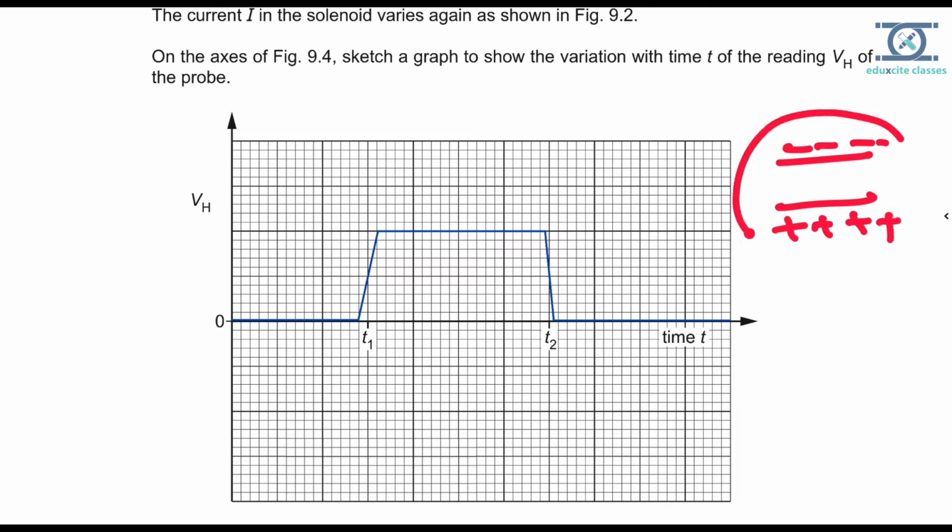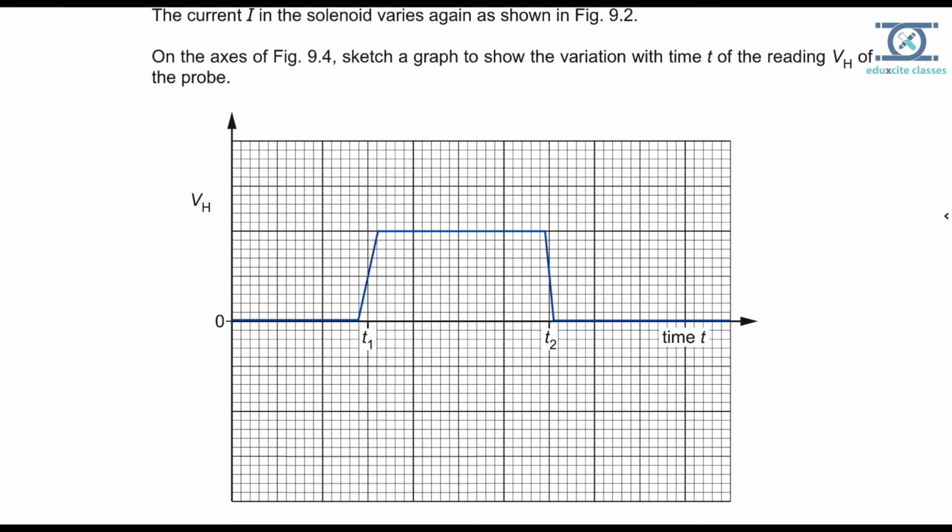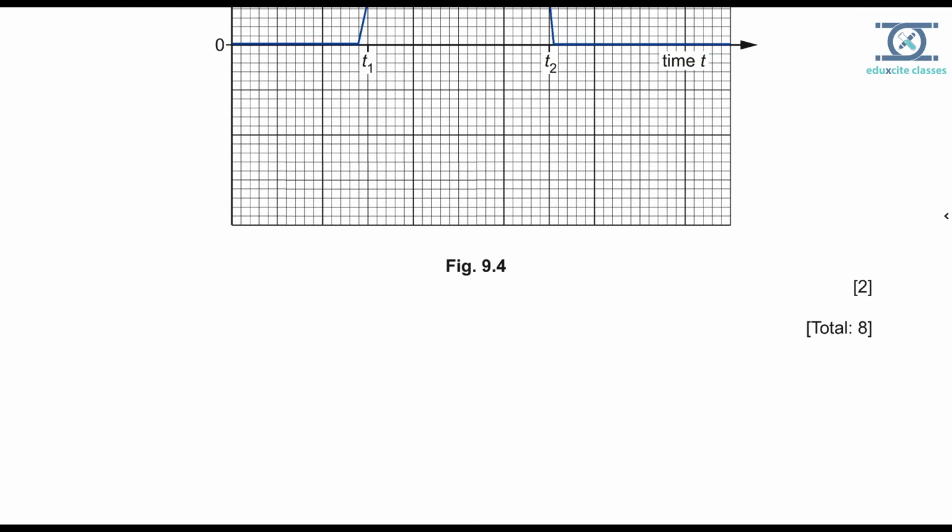So Hall voltage will develop as long as there is a magnetic field, which is because of the current flowing in the solenoid. Then it will decrease, so the Hall voltage will decrease and it will follow this type of curve. Okay, it is of 2 marks.